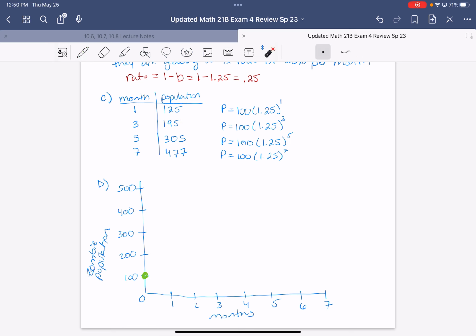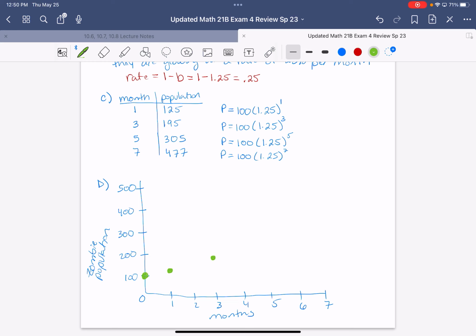I'm then going to include these values, pairing them together. At 1 month, the population is 125, so it's about here. I know this is hard doing it by hand. At 3 months, it's 195, so it's just under 200.